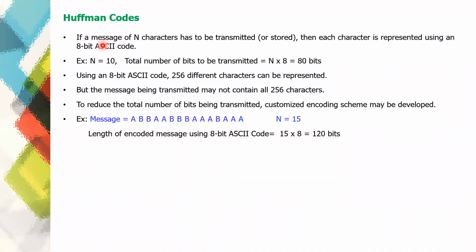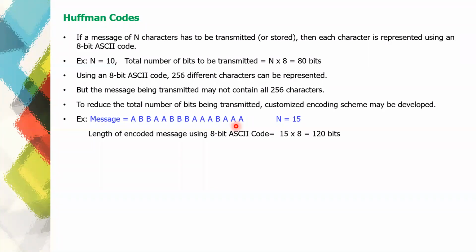Assume that there is a message available which has n number of characters that needs to be transmitted or stored on your hard drive. So assume that this is the message. A message will consist of n number of characters. Either this message has to be transmitted on a computer network or it might have to be stored on a hard disk.